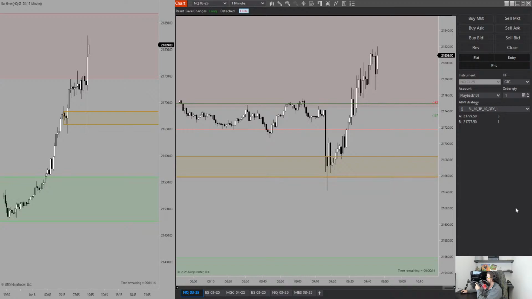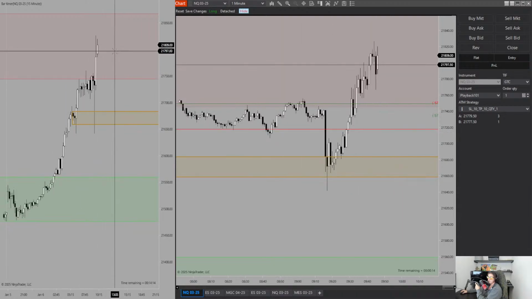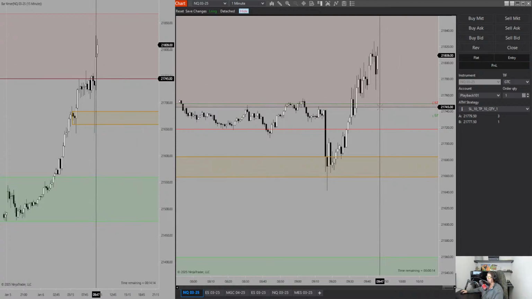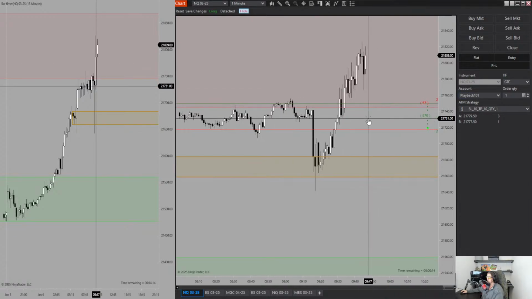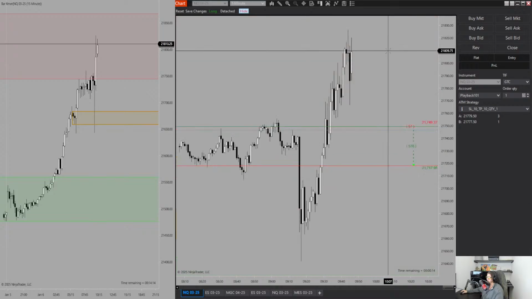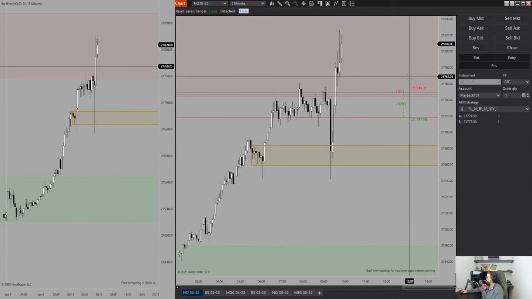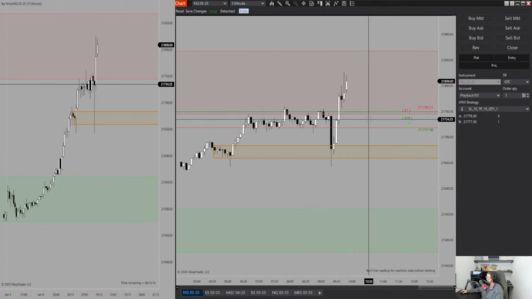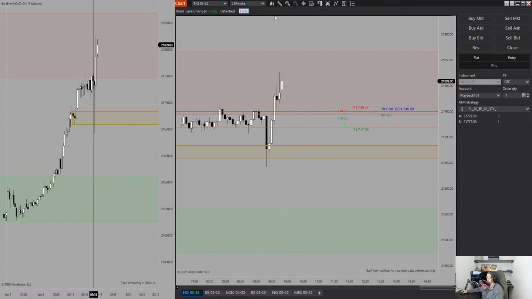Alright, so 15-minute candle, rather bullish. 1 minute, a bit choppy. See if we can come retest this demand right here.